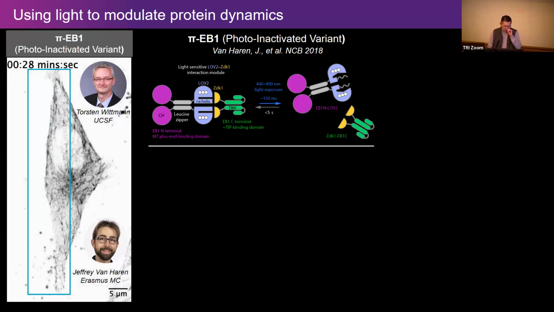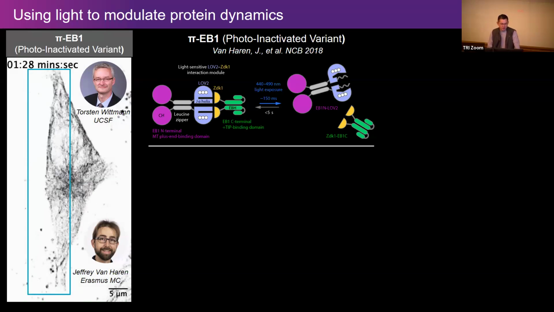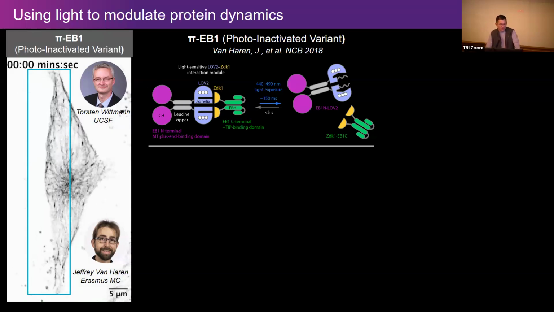Along with Torsten and Jeffrey, we were able to do this in our melanoma cells using a construct that Jeffrey had generated previously called PyEV1. And it allows us to dissociate the growing plus ends from microtubules in a subcellular fashion.